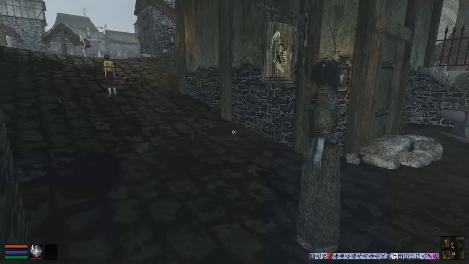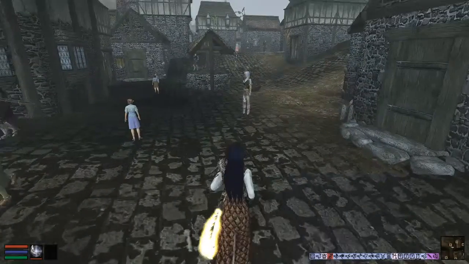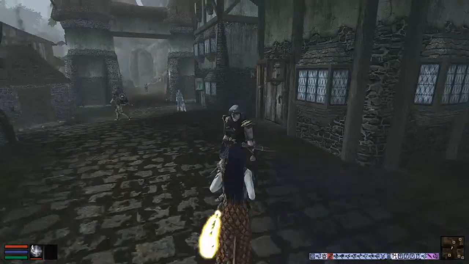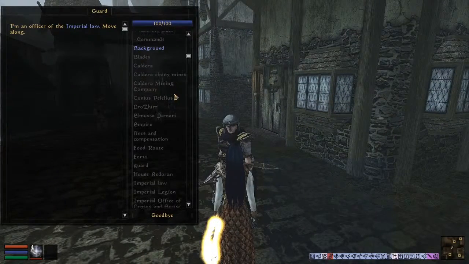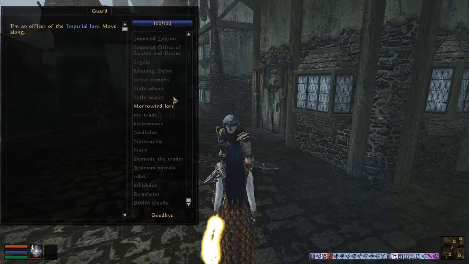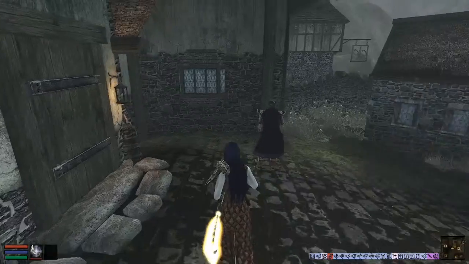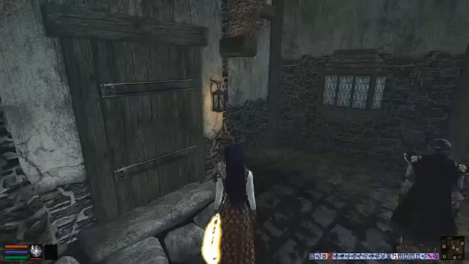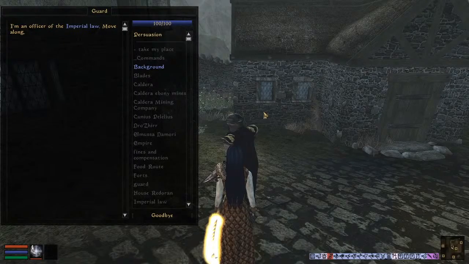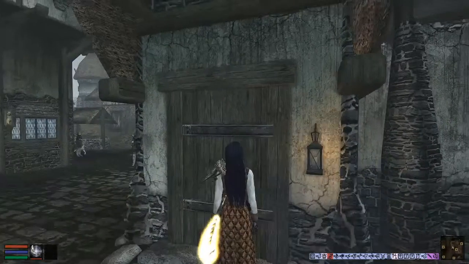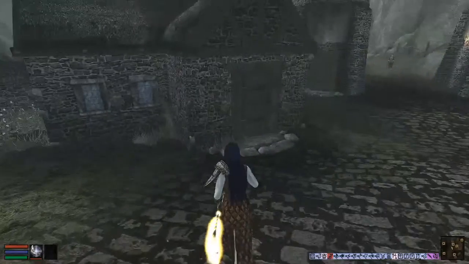Let's try entering. Closed, but we have the mage entry.